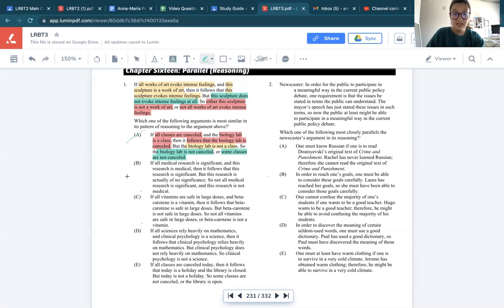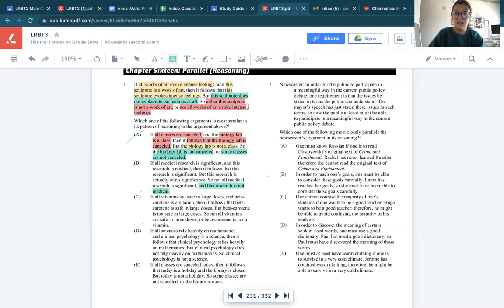If all medical research is significant and this research is medical, then it follows that this research is significant. But this research is actually of no significance. So not all medical research is significant and this research is not medical. So the first part of this sounds right. But then when you get to this part, it doesn't follow the same reasoning pattern.